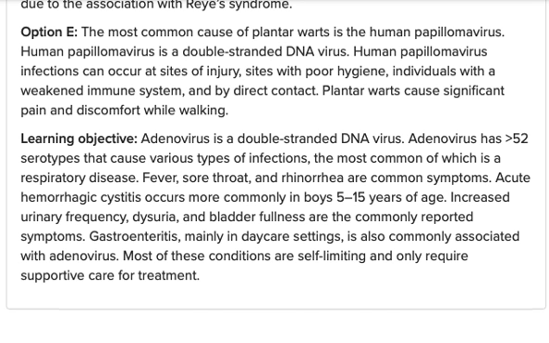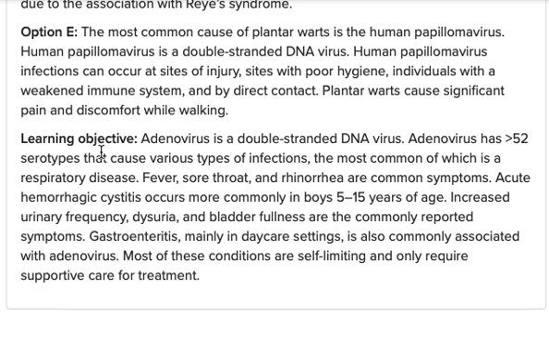Human papillomavirus infection can occur at the sites of injury, sites with poor hygiene, in individuals with a weakened immune system, and by direct contact. Plantar warts cause significant pain and discomfort while walking.